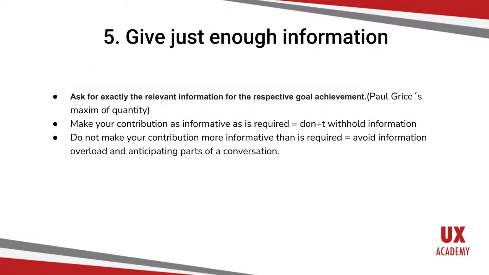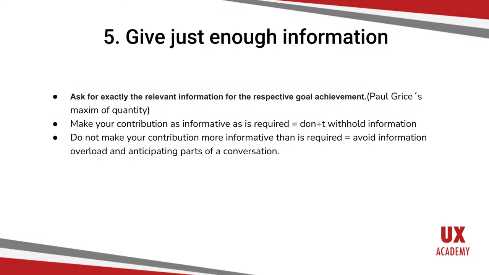A chatbot or a digital assistant should give only the information that is requested for the user to accomplish that goal. No more, no less. And this is the principle of quantity in Grice's theory. Paul Grice was a language philosopher, and he made a lot of studies around human communication, and he came up with 5 important maxims. I put the link at the bottom of the presentation if you want to go through that.